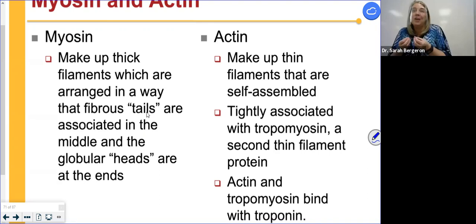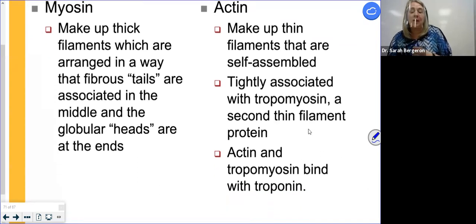So we have to have, I like to call them bodyguards. Okay. So tropomyosin and troponin are like two bodyguards that are going to tightly associate with actin, and they're going to prevent myosin from binding to them.